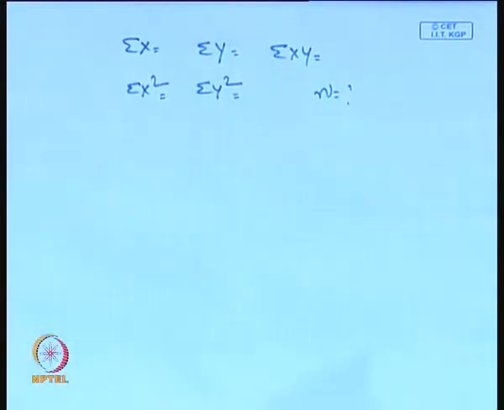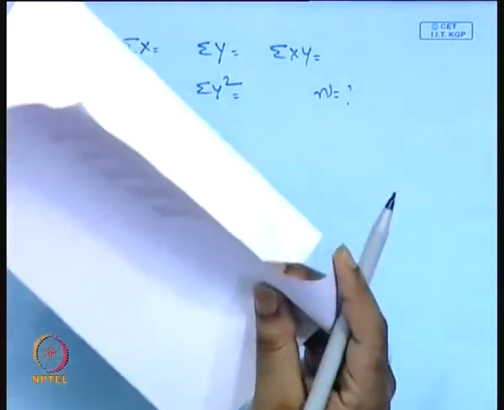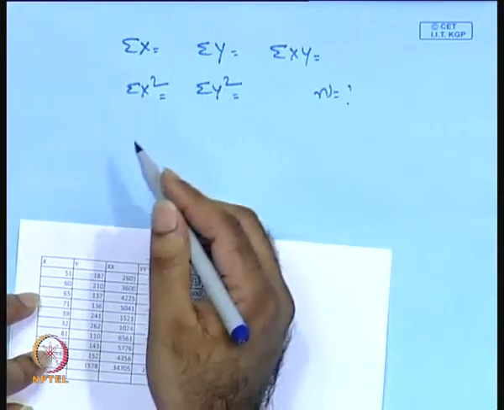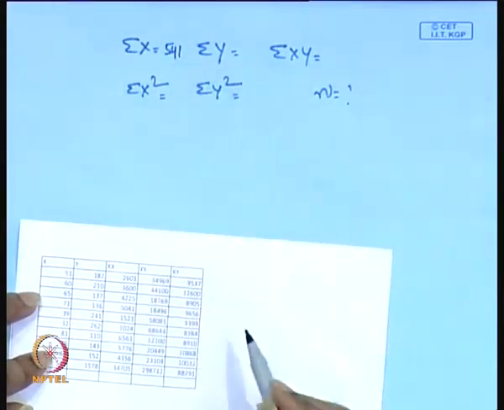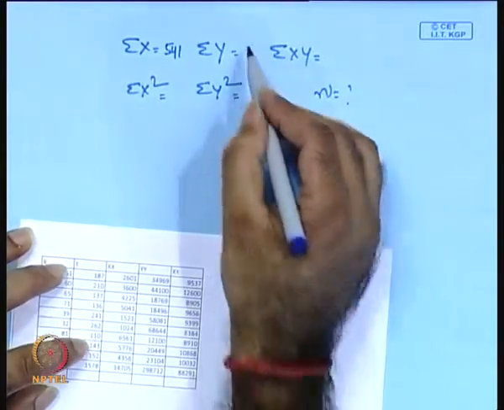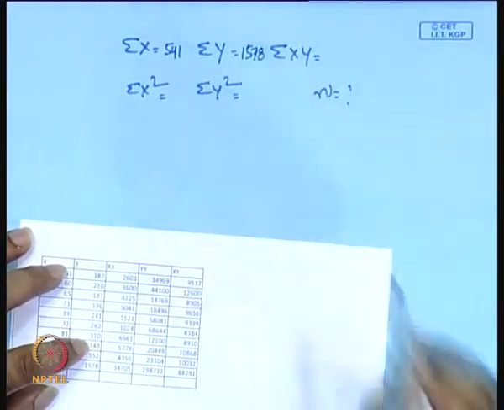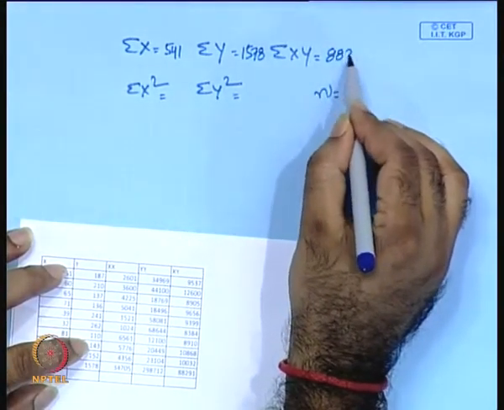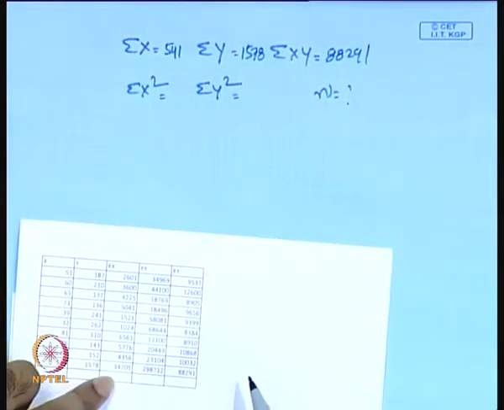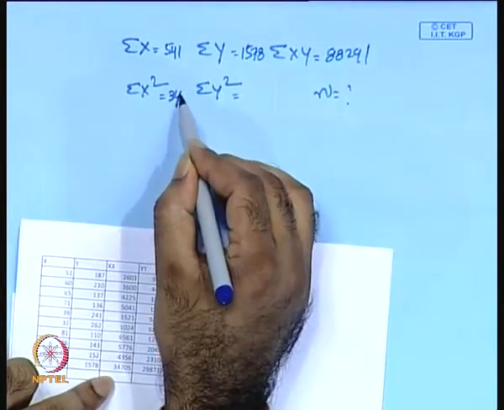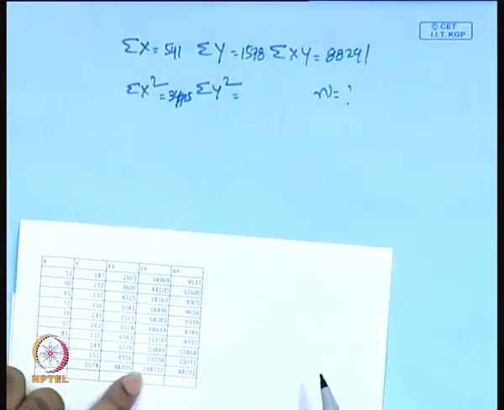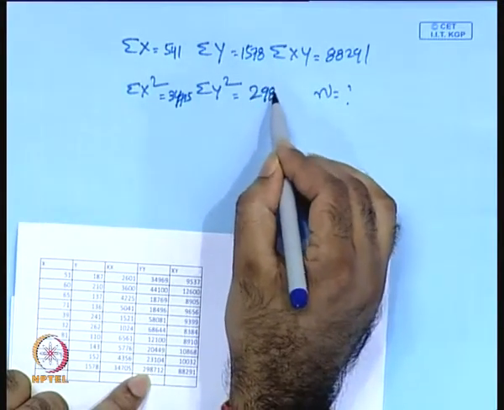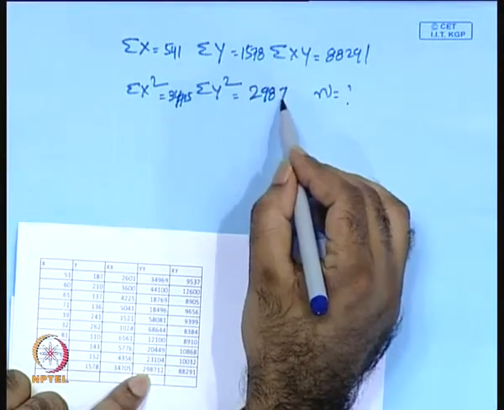Now, in fact, I have already calculated these items. So, sum x equal to 541, I am just filling the gap, summation y equal to 1578, then summation x y is equal to 88291, then summation x square is equal to 34705, and summation y square is 298,712.